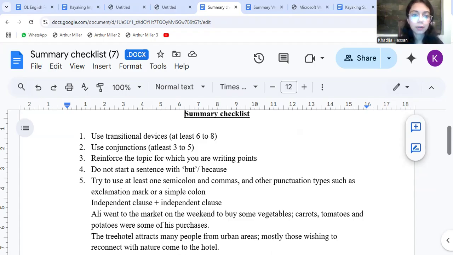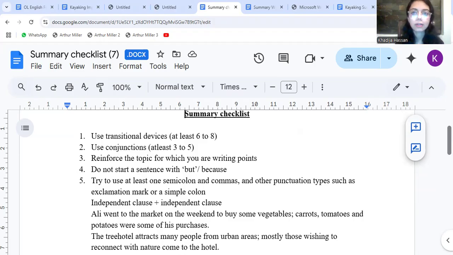Reinforce the topic for which you are writing points. So I will show you how I did it in the summary. Our summary was on the topic of the benefits of taking up kayaking as a hobby, right? So you did not have to just mention that in the topic sentence, but you had to reiterate that later in your summary as well.